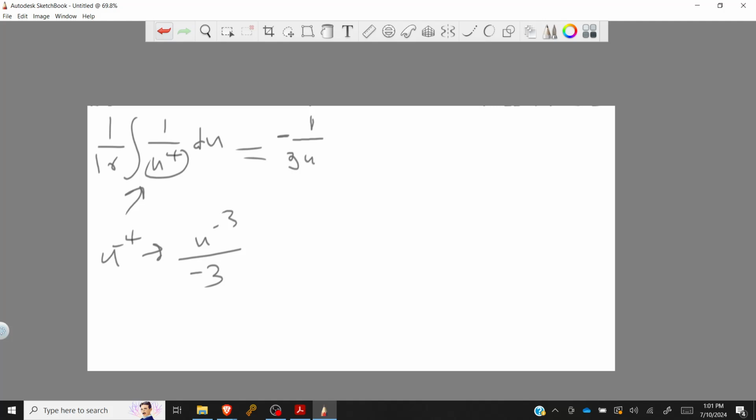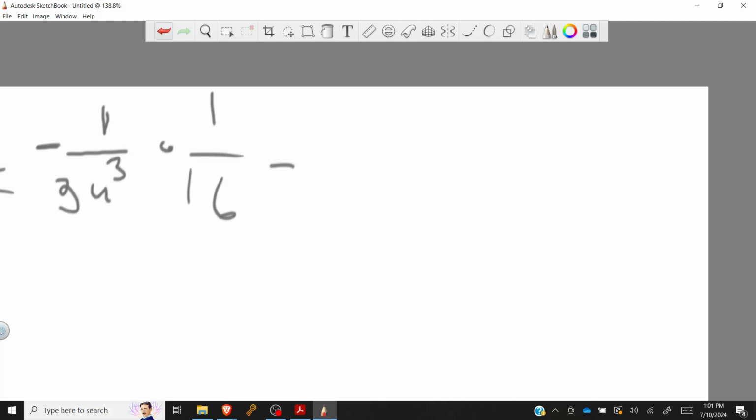It's going to be 3u cubed times 1 over 16. And 3 times 16 is 48. So this is equal to negative 1 over 48 u cubed plus c.